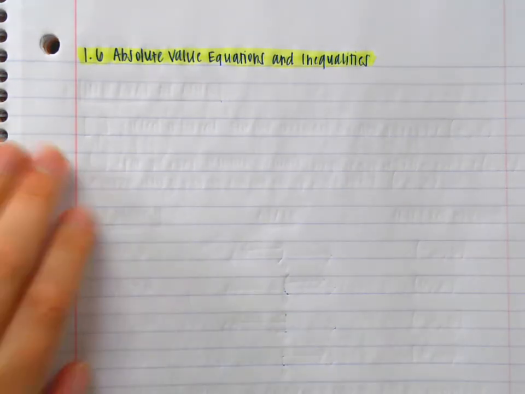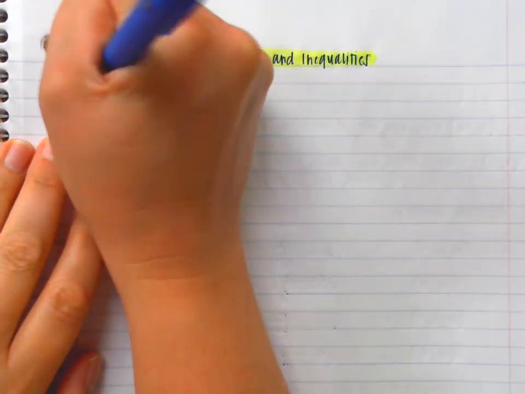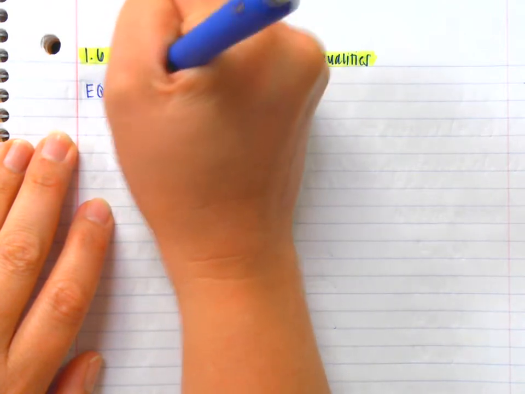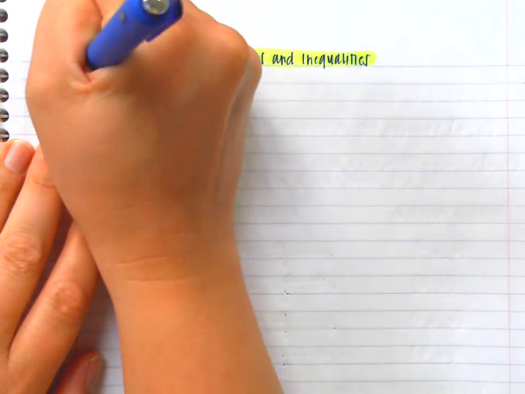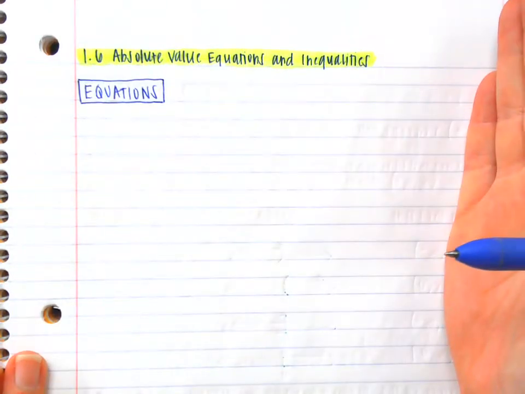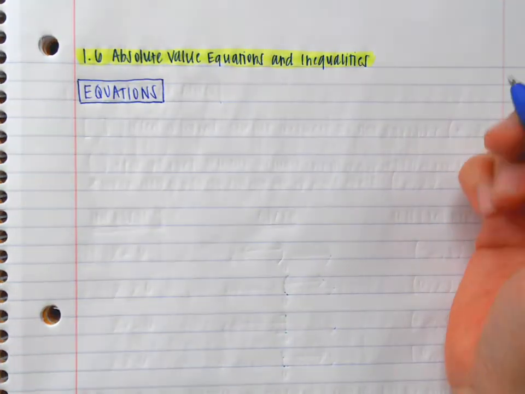Okay, so let's start with equations and what we would do to solve an absolute value equation. So I'm going to do an example on the left-hand side, and then I'm going to do steps on the right-hand side.